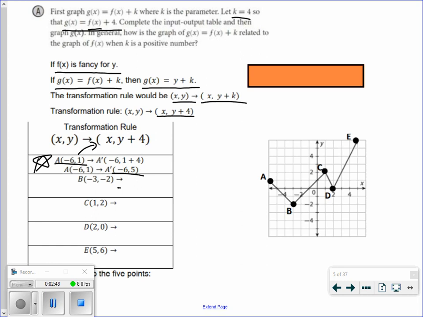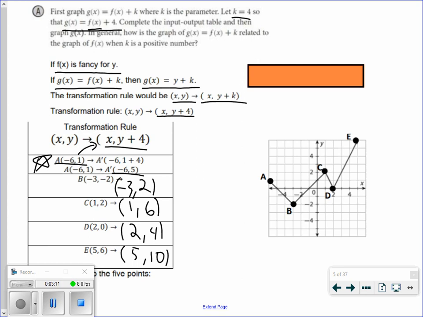So with B, if we do the same thing, we get negative 3, comma 2. Negative 2 plus 4 is 2. Then we get 1, 6, 2, 4, and 5, 10. We're adding 4 to the y because that's our transformation rule. All right. So once we do that, we're going to go back and plot these new points.